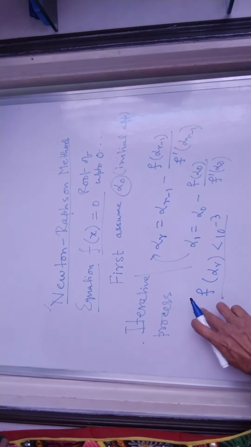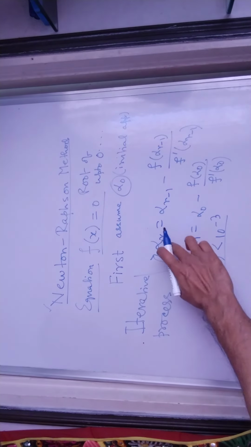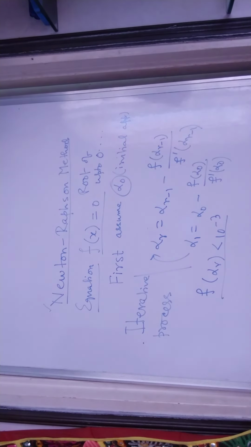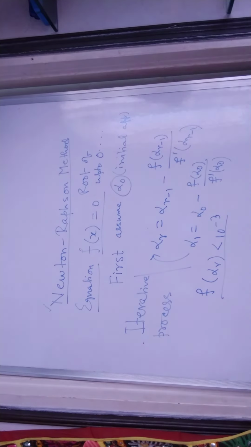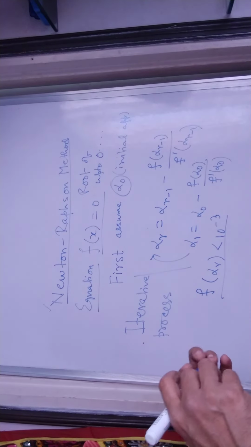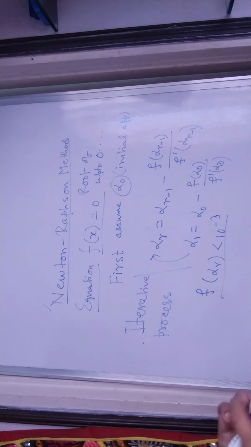If this is the case, we claim that alpha r is the root of the equation. And this process converges subject to a condition. The convergence condition can be obtained quite easily. But that is a different aspect. I would like to show it in another video.